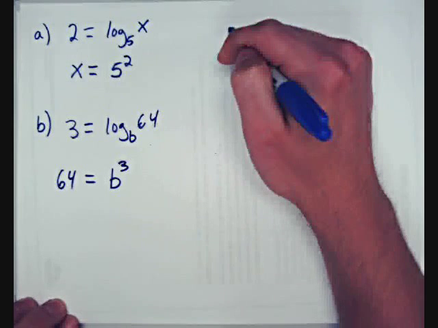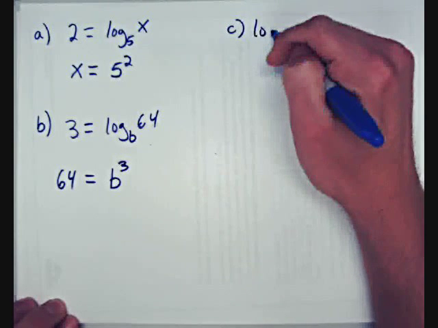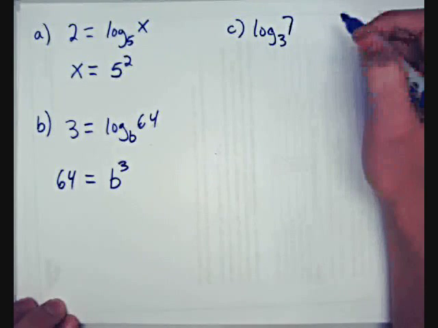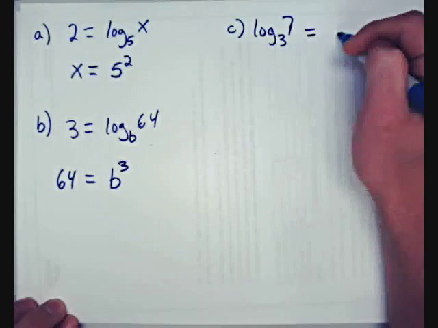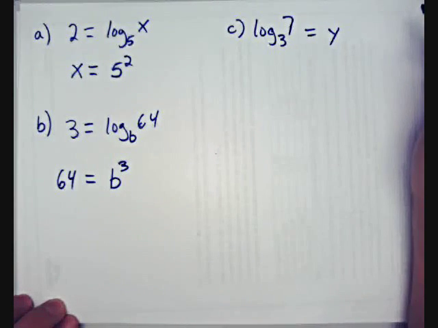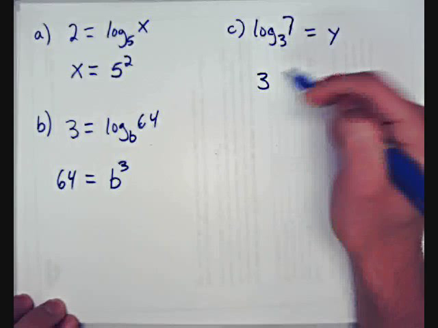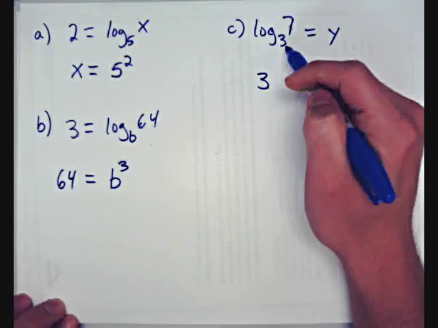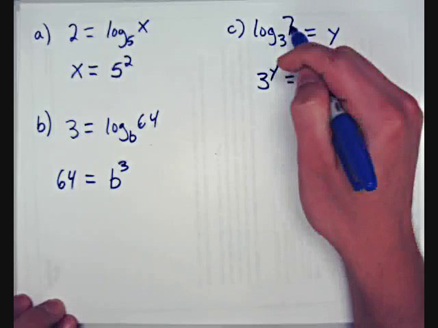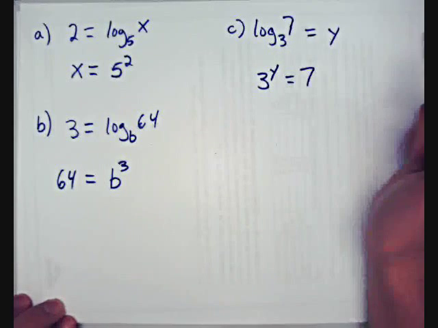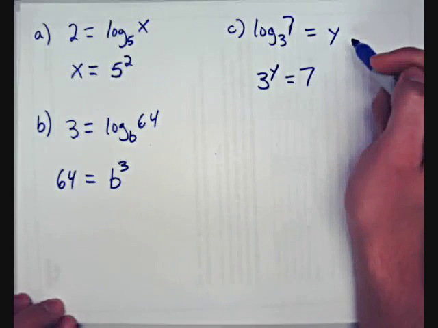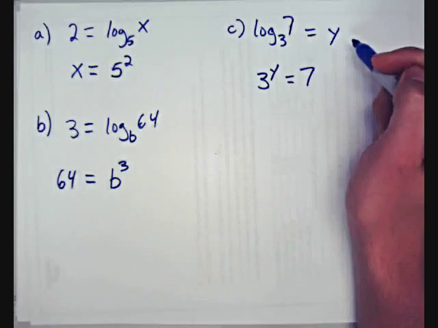And part C, the log of 7 with base 3 equals y. Okay, so 3, the base of the log, becomes the base of the exponent. y switches sides, and 7 switches sides. So 3 to the y power equals 7 is the same thing as the log of 7 base 3 equals y.